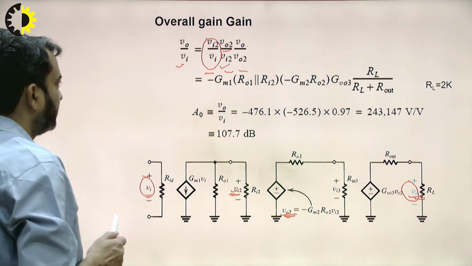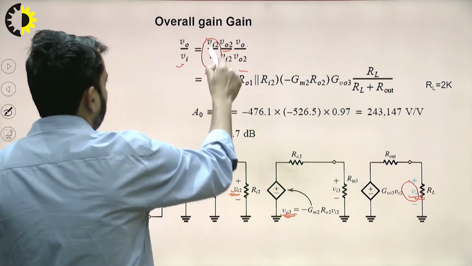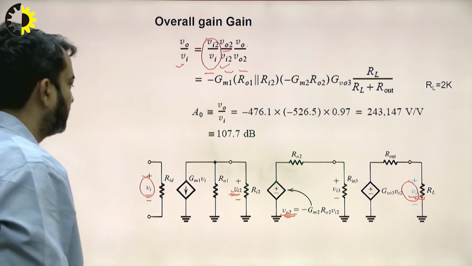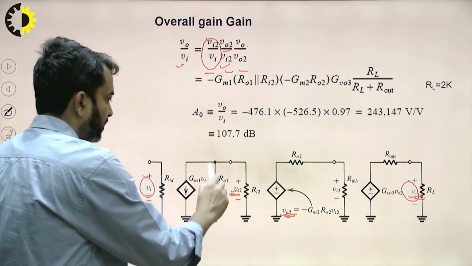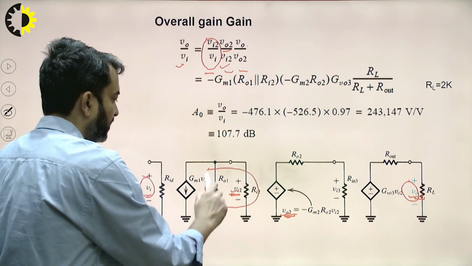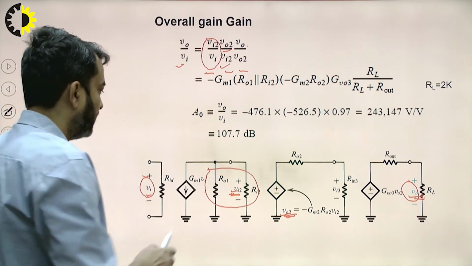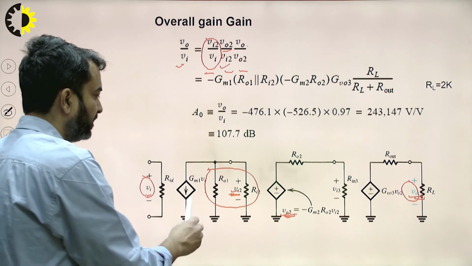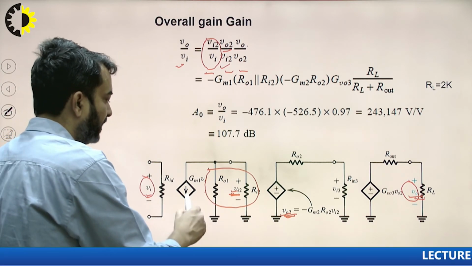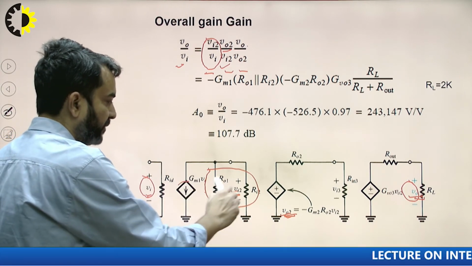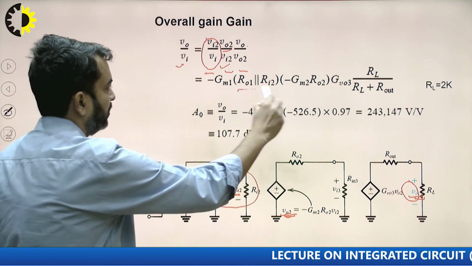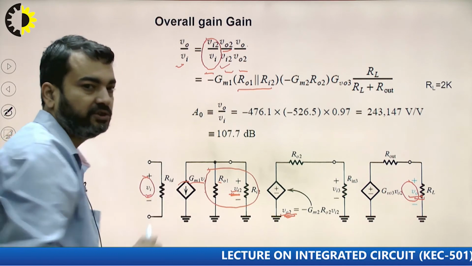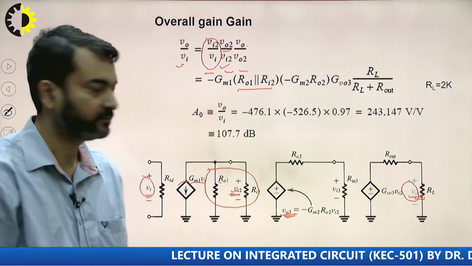So here, if we see Vi2 by Vi, Vi2 is equal to, this is net resistance. So we will say the voltage Vi2 is nothing but minus, this is the current source, so parallel combination of these two, R01 and Ri2, multiplied by GM1 V1.